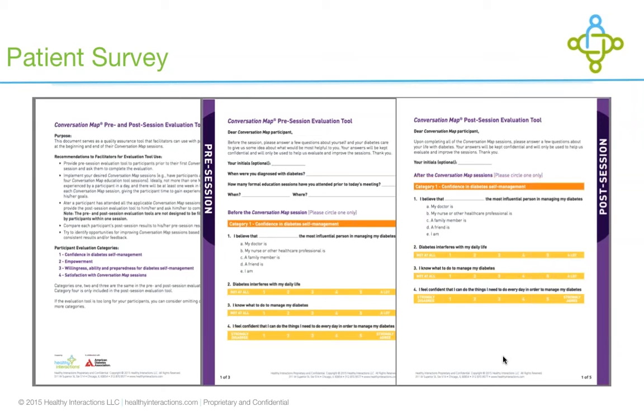If you would like to use the whole pre and post, I would suggest using it at the beginning of the 4 map sessions, and at the end, upon completion of the whole program. Because one of them, for example empowerment, takes more than 1 session to measure the level of empowerment and engagement. So it's up to you to decide, but you now have a choice of using either the whole survey or parts of it.